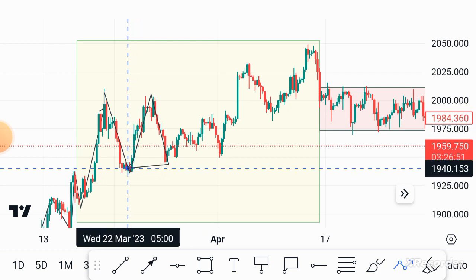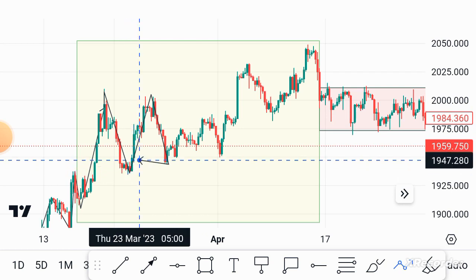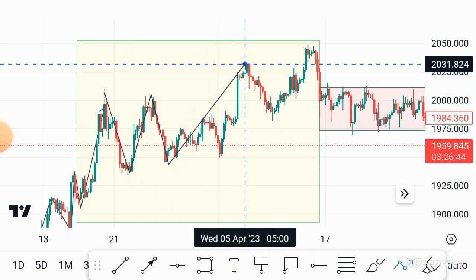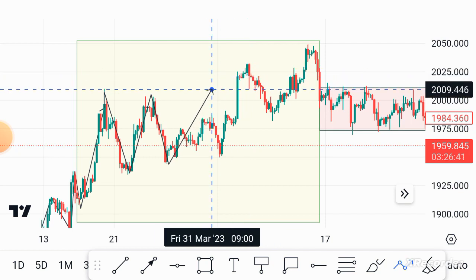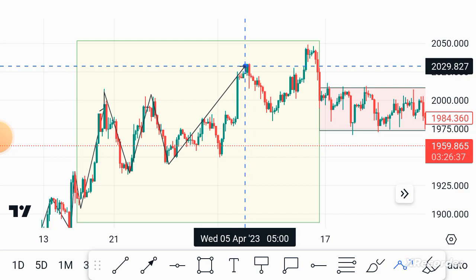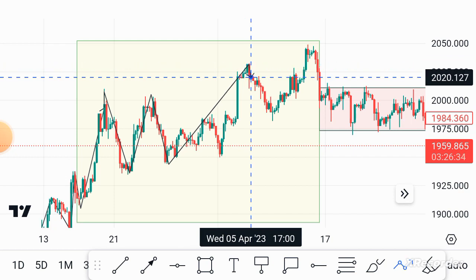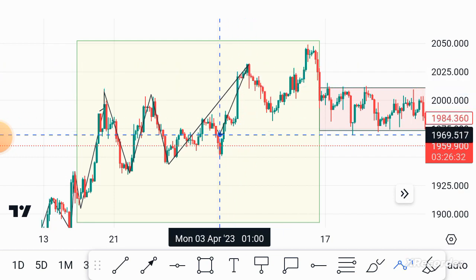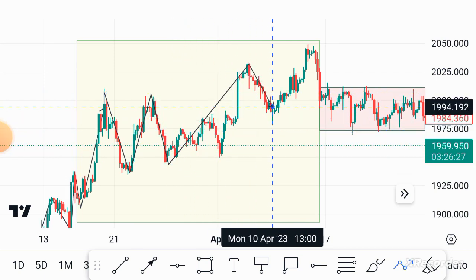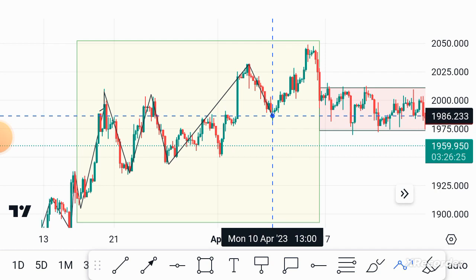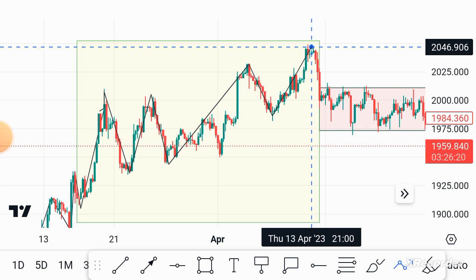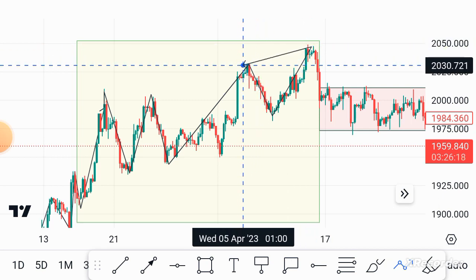Price didn't violate the previous higher low, it respected it, and then it moved all the way to the upside. Can you see it? It moved all the way to this very point, and we had a very good impulsive price movement, and we had a correction.